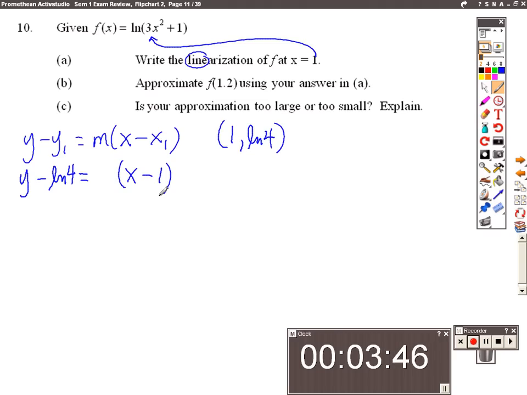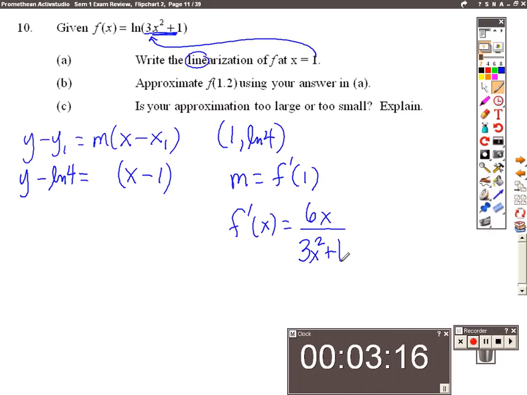Now I need to find the slope, which we know in calculus means we want to evaluate the derivative of this function at 1. So let's find the derivative of the function. It's an ln, so to find the derivative of ln, it's u prime over u. In this case, this is the u. So the derivative of 3x squared plus 1 is 6x over u, which is 3x squared plus 1.